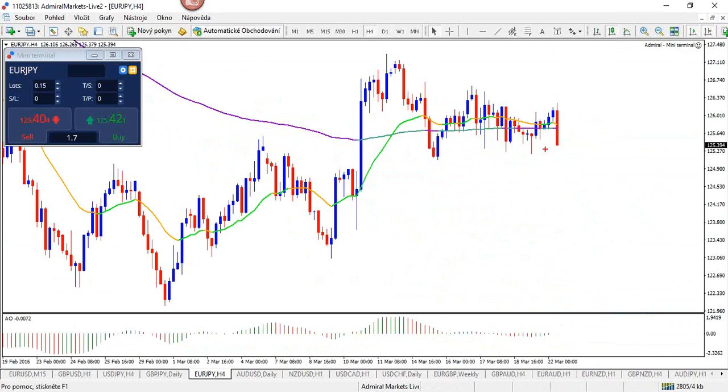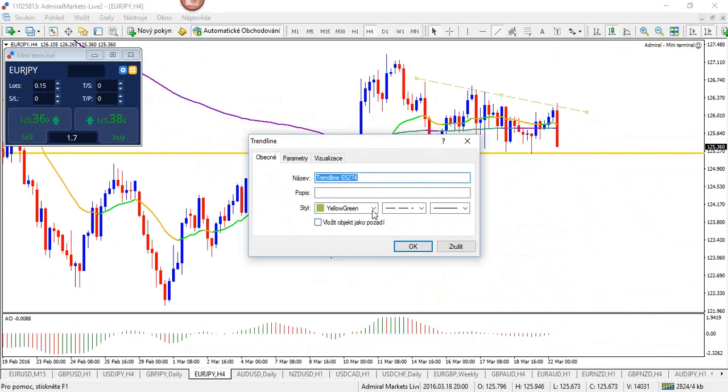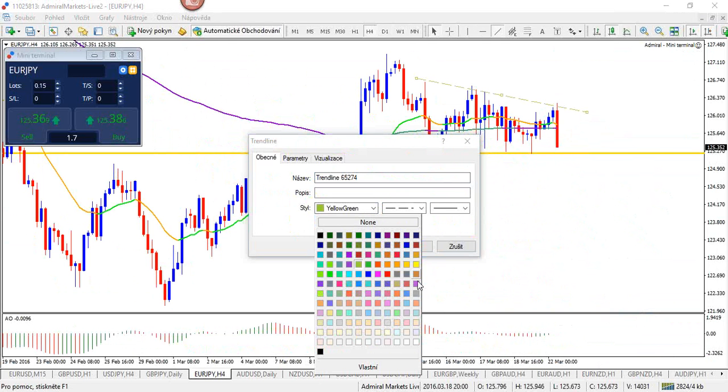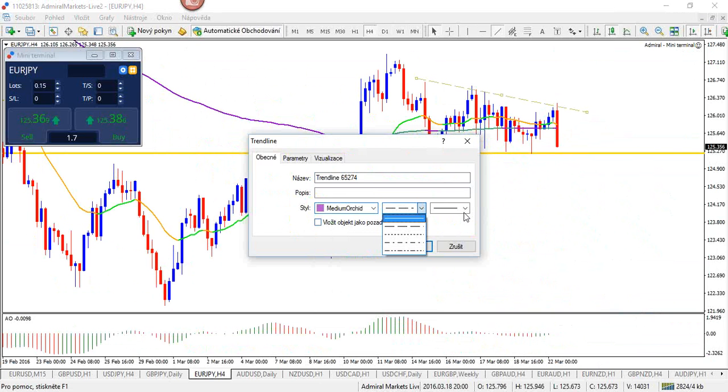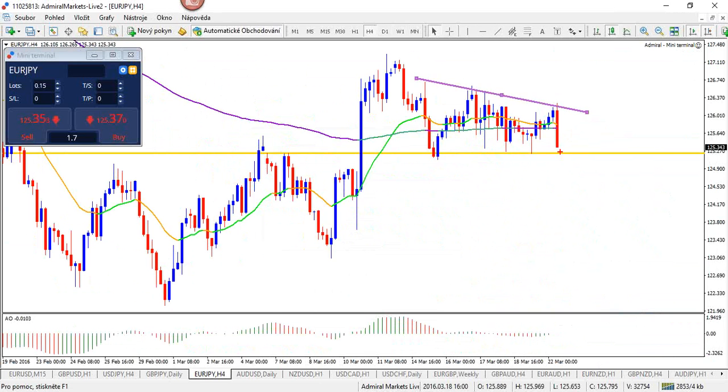But I think it's a bit less suitable perhaps considering this box right here. Let me change this quickly. There we go. So probably rather wait for a break, pullback, and continue.